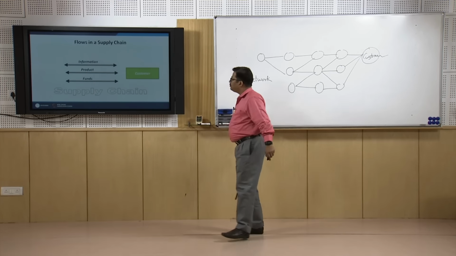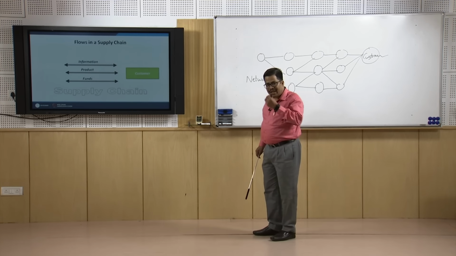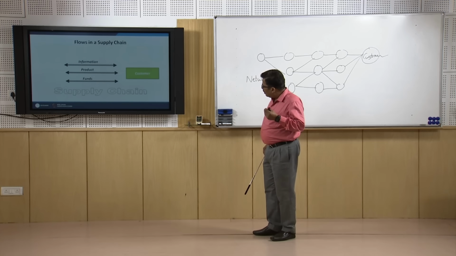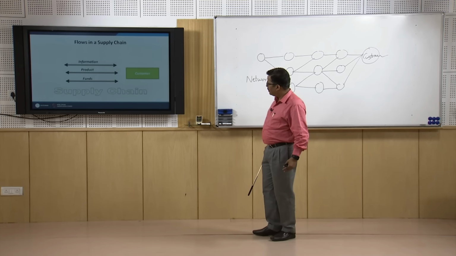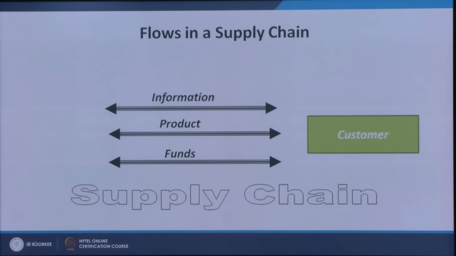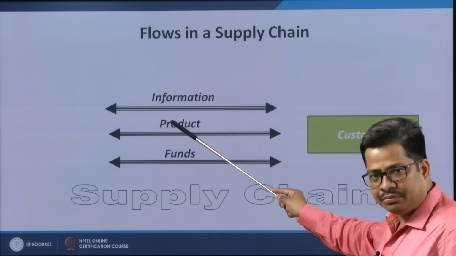Going further, this slide is very important to understand that normally, in our day to day discussion, we are more concerned about the flow of product in the supply chain.